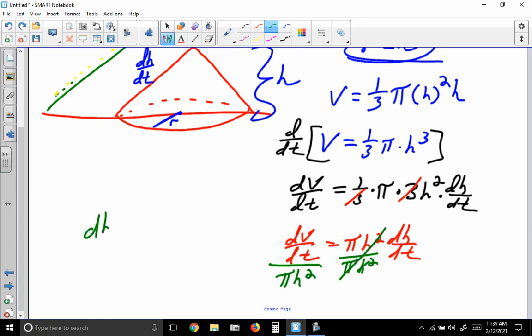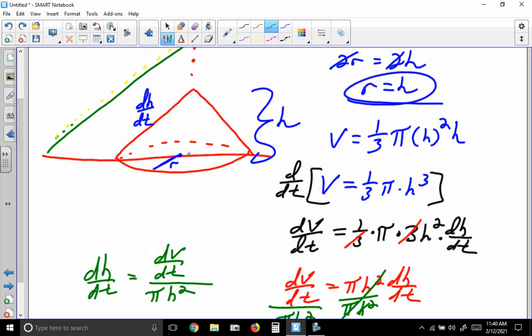So the rate at which the height is changing is equal to how fast the volume is changing over pi h squared. So if we think about that pile, when the pile is pretty small, if we put sand on it, the height is going to change pretty quickly.